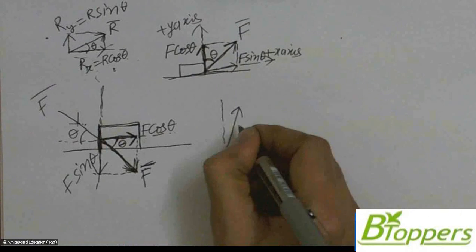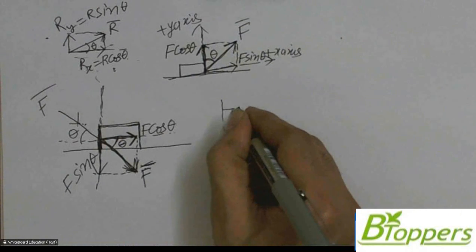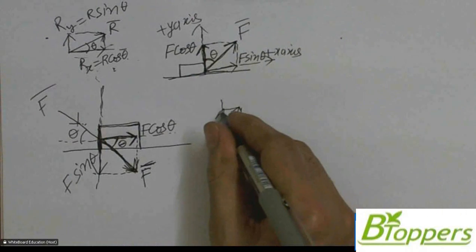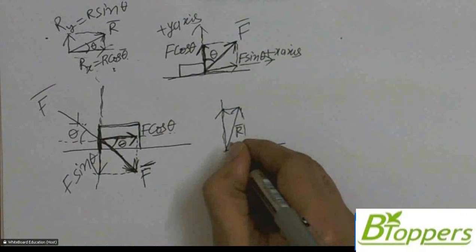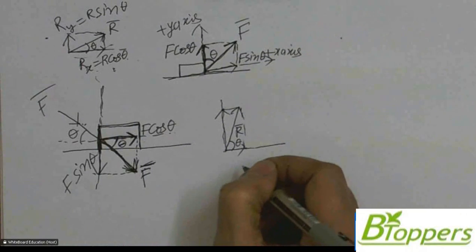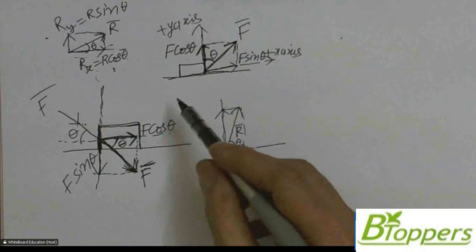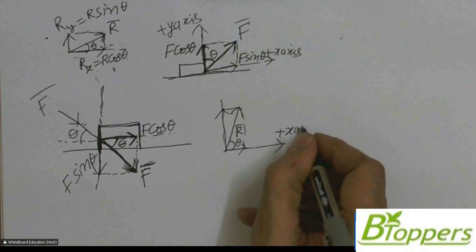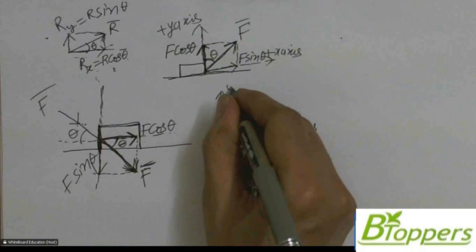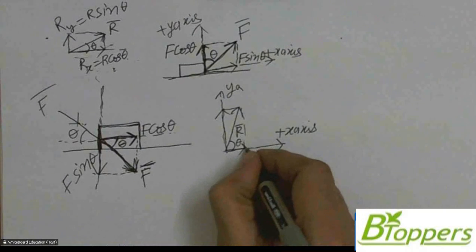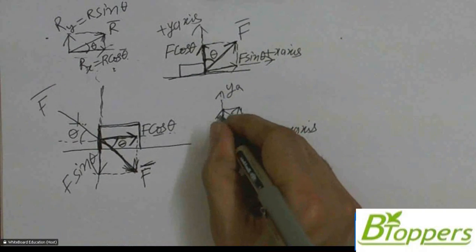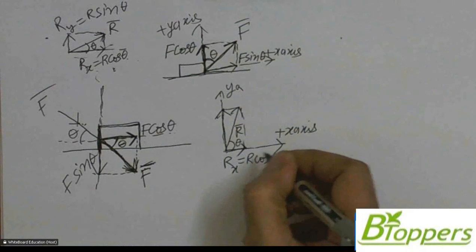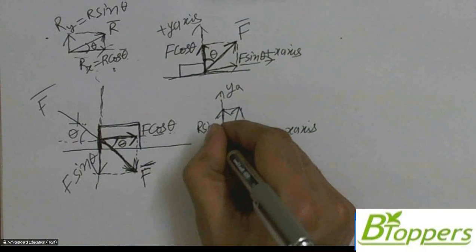So keeping the magnitude of the vector fixed, suppose we increase this angle theta made by R bar in the first figure with the positive direction of x-axis, then the magnitude of the x component will decrease, and the magnitude of the y component will increase. So here Rx will be equal to R cos theta. Of course, Ry is equal to R sin theta.